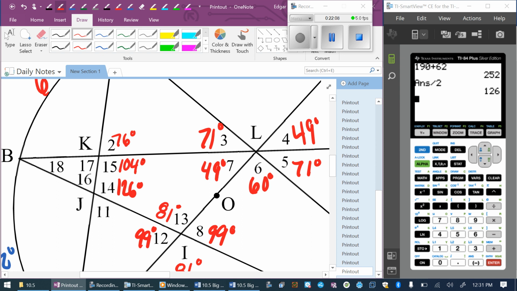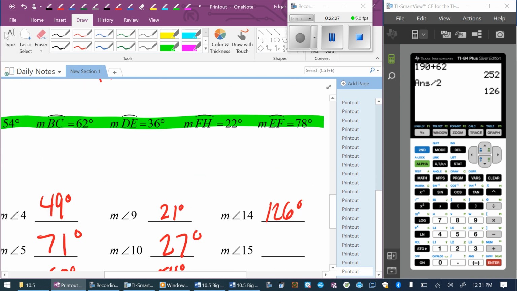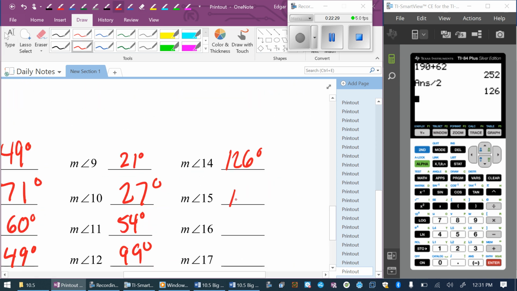If you wanted to get super clever, guys, you may have noticed that this right here was a quadrilateral. And you know that a quadrilateral should add up to be 360 degrees. So you could have actually subtracted all those angles and found 104 as well. But as I said, guys, I just like to share different ways of doing these. So the measure of angle 15 is 104.